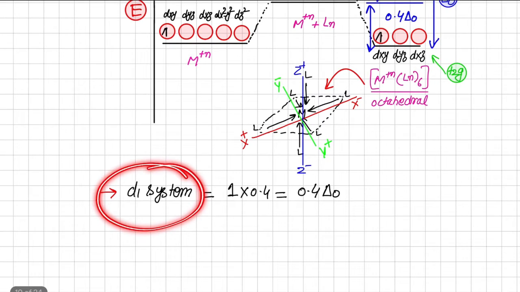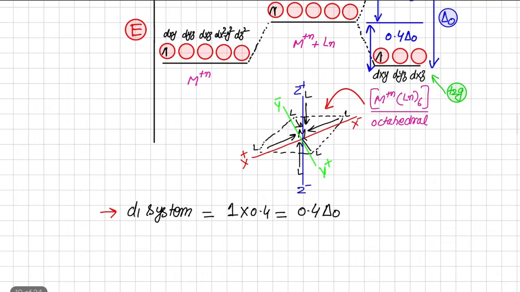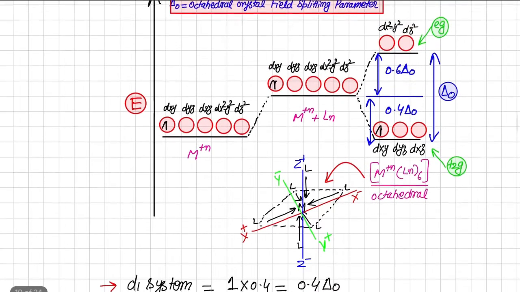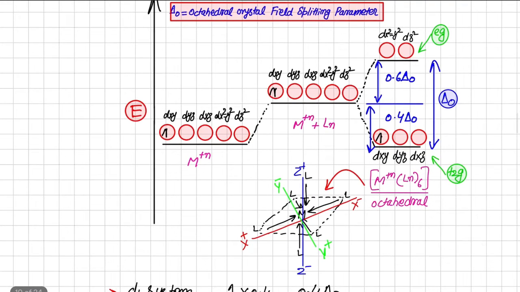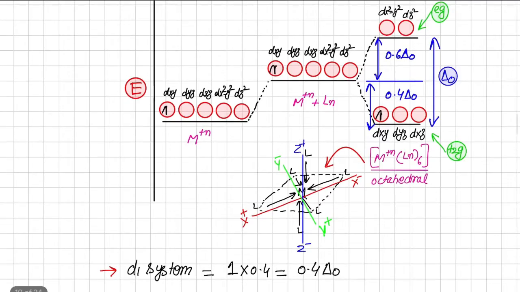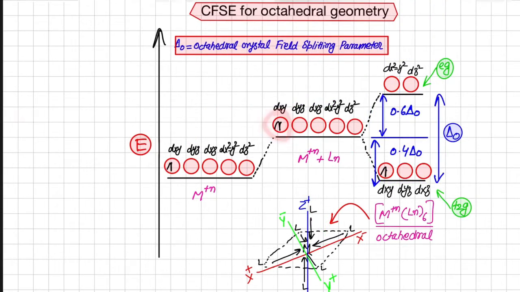This is the d1 system with one electron, and as the delta O value for all these three orbitals is 0.4, we multiply one by 0.4, so the answer is 0.4 delta O. So the CFSE value for the d1 system, including elements such as scandium and yttrium when they are in their +2 form, is 0.4 delta O. When there is one electron in the crystal field splitting for octahedral geometry, we place it in the low orbitals, because orbitals of low energy are filled first as compared to orbitals of high energy.